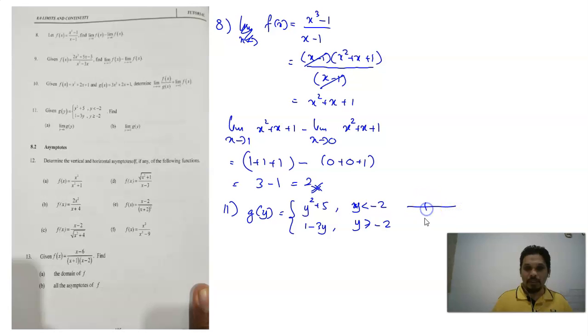So from this number line, negative 2 here, we got less than, and the other one is greater than or equal. So find the limit of y approaching 6.